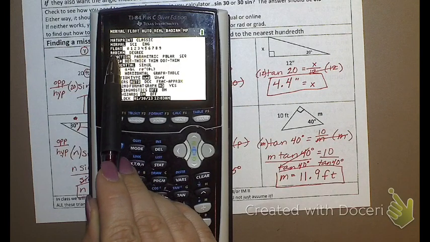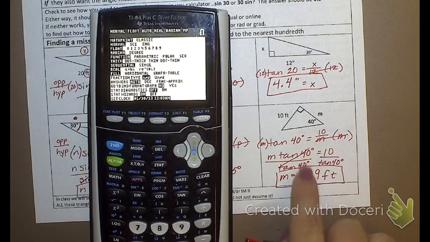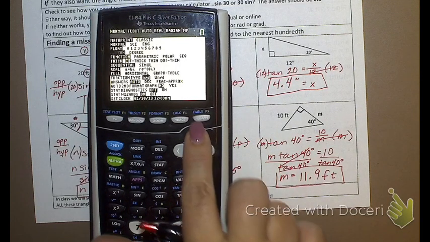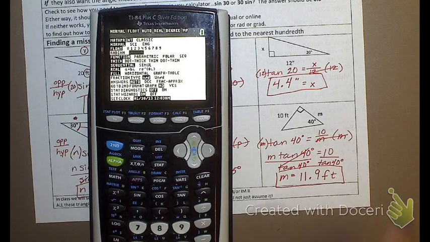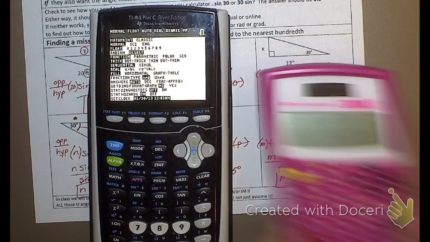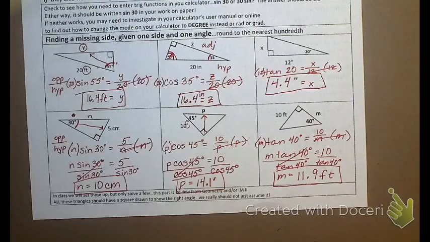If my calculator is in radian mode, it will not give me the right answer when I type in 40 degrees. So if you're in a graphing calculator and you are in radian mode, you have to change that to degrees before you'll actually start calculating things correctly. The scientific ones, I believe, are standard in degrees, so you're fine. But just check that if you have a graphing calculator. Okay? All right, backside.